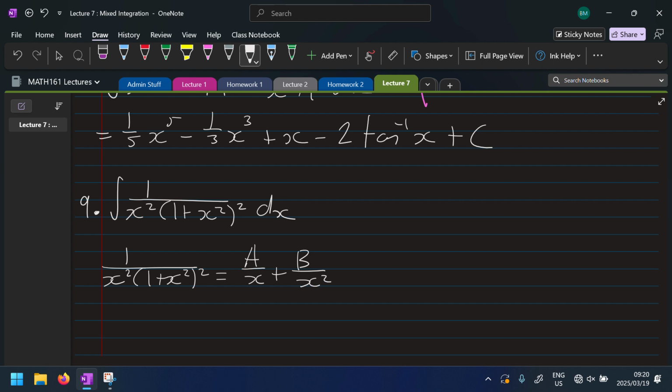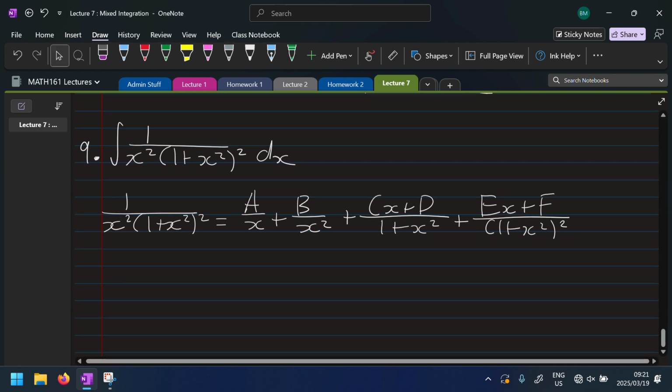Then we have 1 plus x squared, repeated twice as well, so that's going to be cx plus d over 1 plus x squared, plus ex plus f over (1 plus x squared) squared. The first two terms are for the x being repeated. The second two terms are for the 1 plus x squared being repeated.